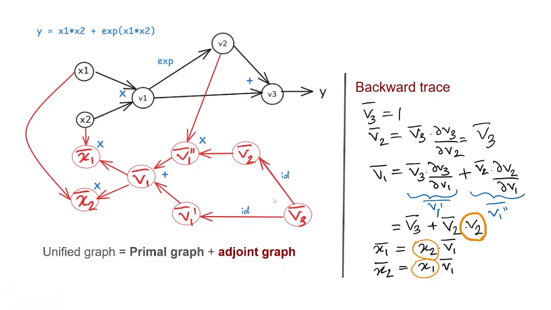Besides, once we have the backward pass explicitly as a separate computation graph, it's much easier to apply optimizations on this graph to speed up operations. We'll talk more about optimizations later on, but these optimizations sometimes take the form of: I have to do this operation followed by this operation.